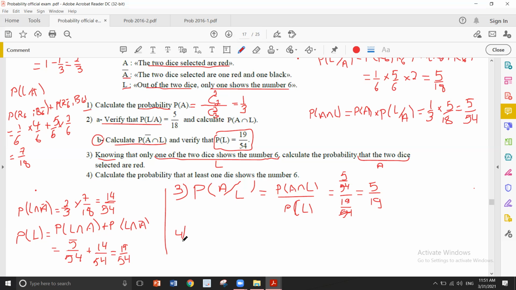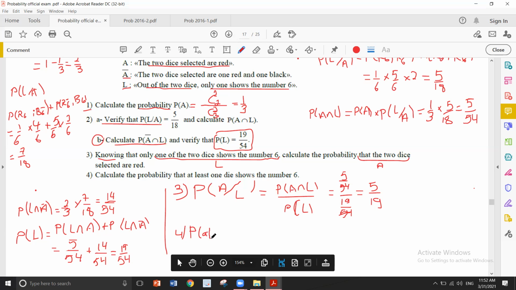How to calculate the probability that one die shows the number 6? At least one 6.